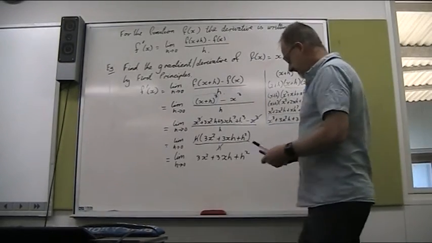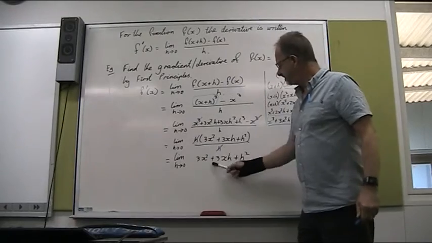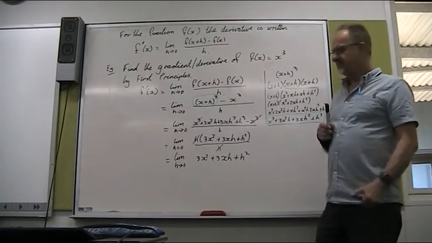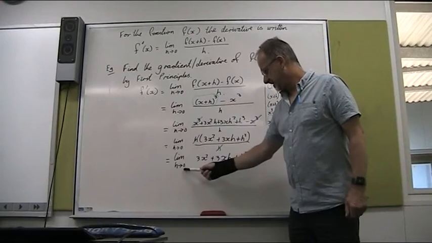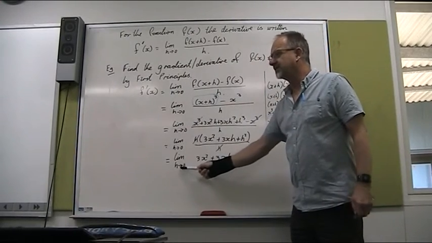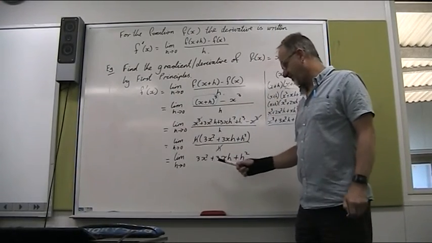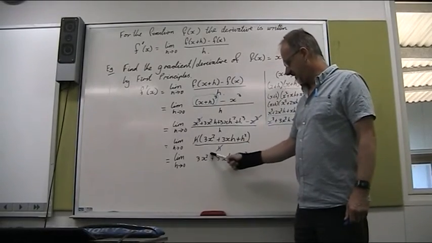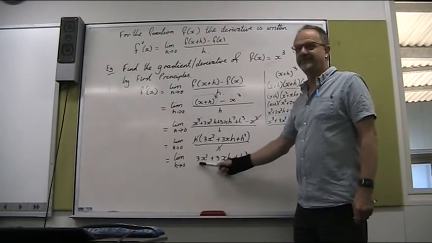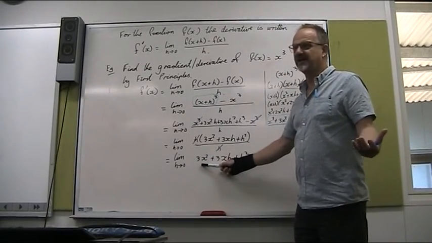Now we need to say, all right, we've got these three terms. When h goes to 0, so changing the h, making it go to 0, what effect is that going to have on each of those terms? So if I change h and make it smaller, is that going to affect this term at all? No. No, because it hasn't got an h in it, has it?